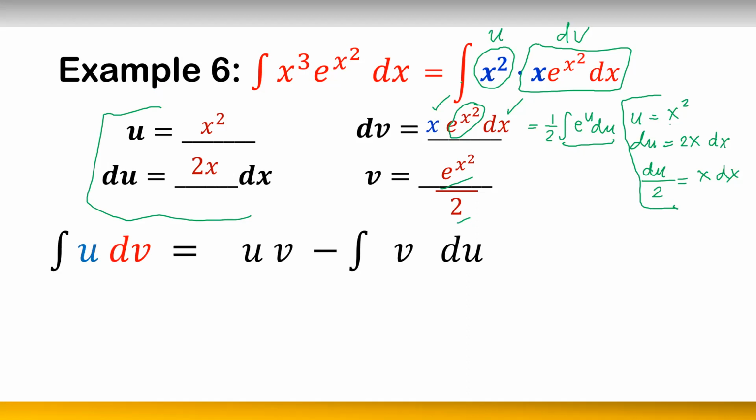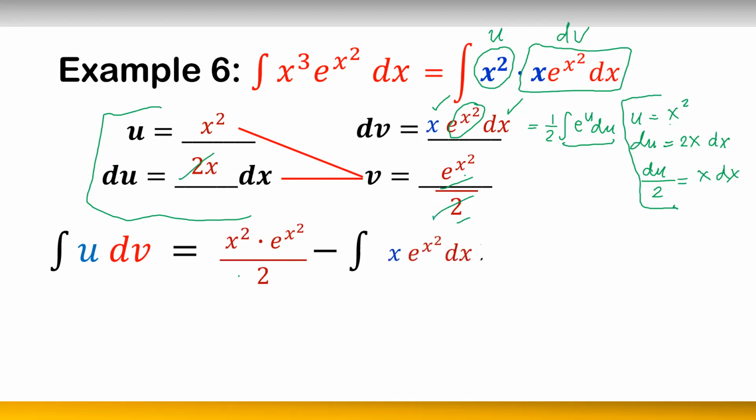So integral of u dv is equal to this uv product. Okay? Product of x squared and e to the x squared over 2. Minus this product. Magka-cancel yung ating 2. Okay? So that will just be x e to the x squared dx.